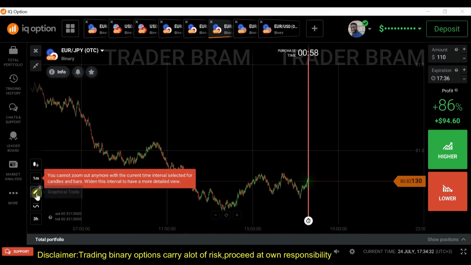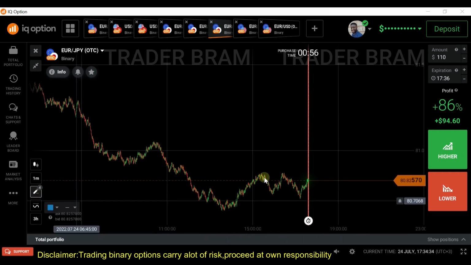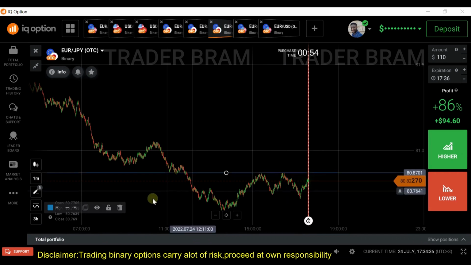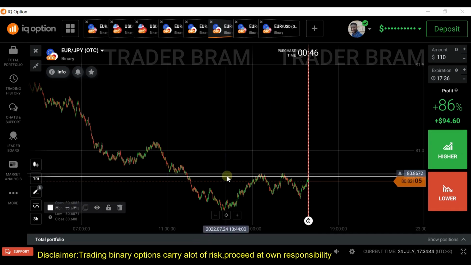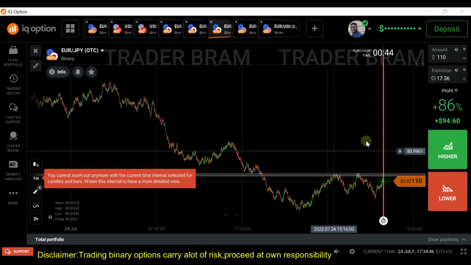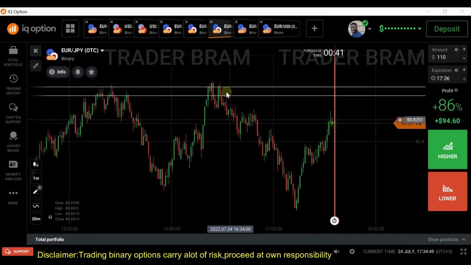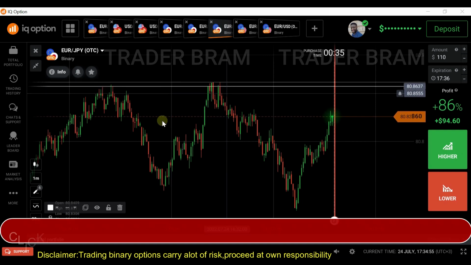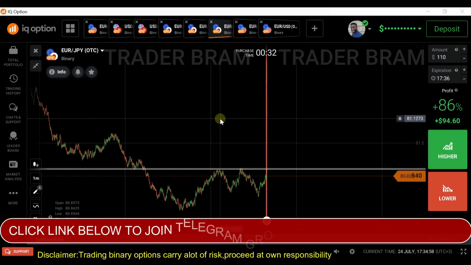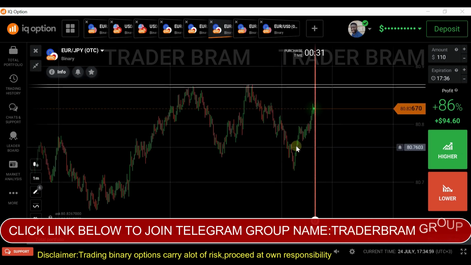We have another SNR level here. In this case, the market is bearish. We have a resistance area, so I expect some reversal on that area.